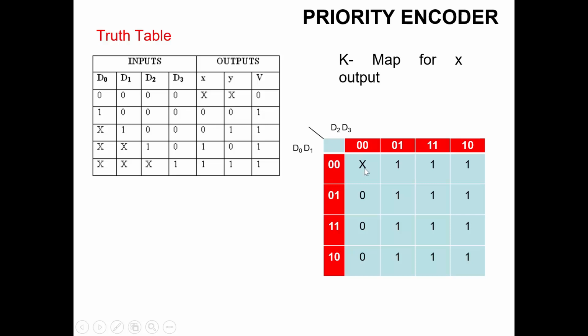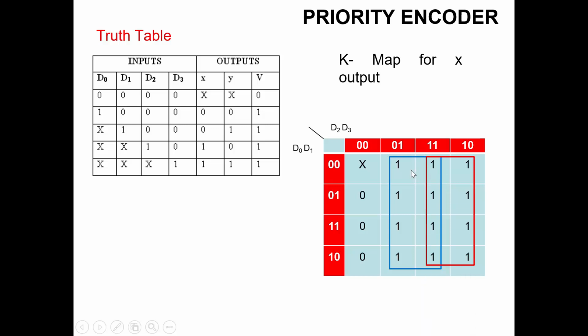When all the variables are 0, 0, 0, then we have a don't care. Now the grouping: we may have a group of these 8 ones, and another group of these 8 ones with overlapping.